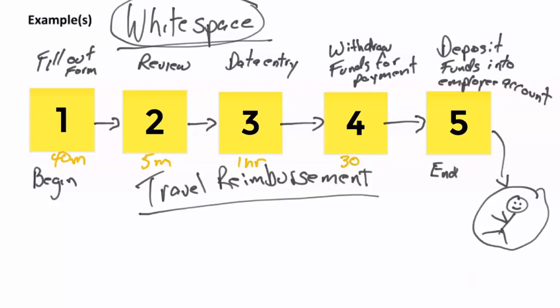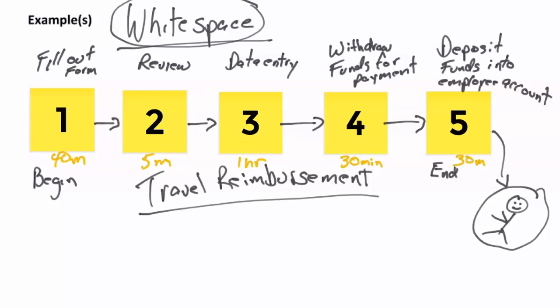I'm going to call it 30 minutes. And then once I've received the check, to deposit that check into my account. Well, boy, if it's a direct deposit ACH deposit, it will be measured in seconds. But let's say it's a paper check and it took me an additional 30 minutes to deposit that check.